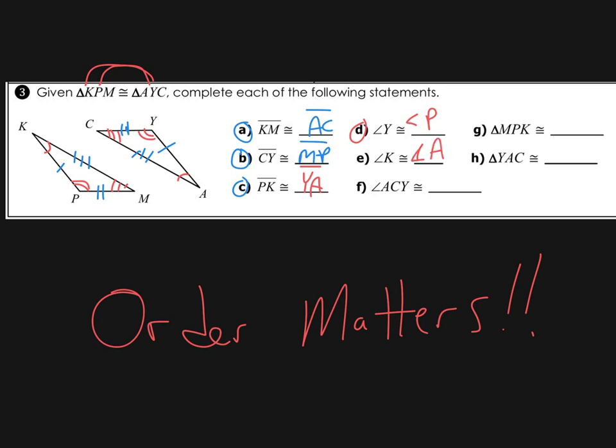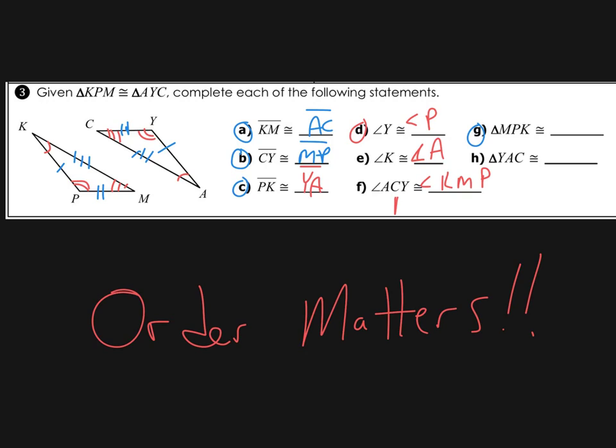And angle ACY, getting just a little trickier, keep in mind the middle letter is the vertex. So if C is the vertex, then M is going to be my vertex over here. So if I start with ACY, that's A to C to Y, that's going to be K to M to P. So angle KMP. The triangle statements are no different on the end here. For G, I just have to pay attention to the order.